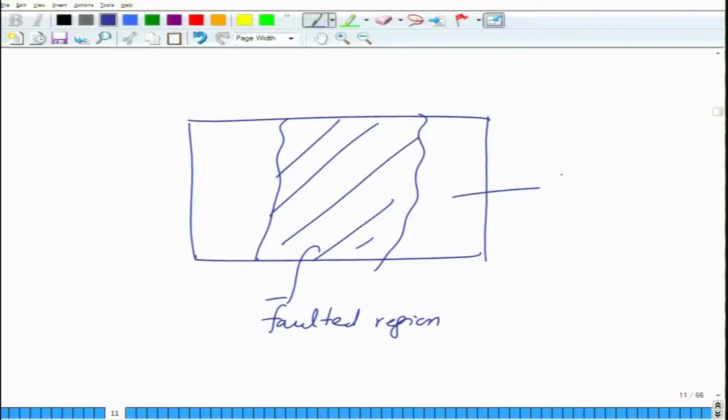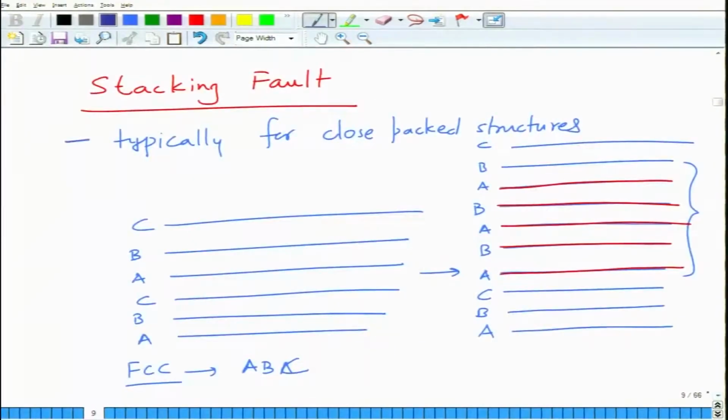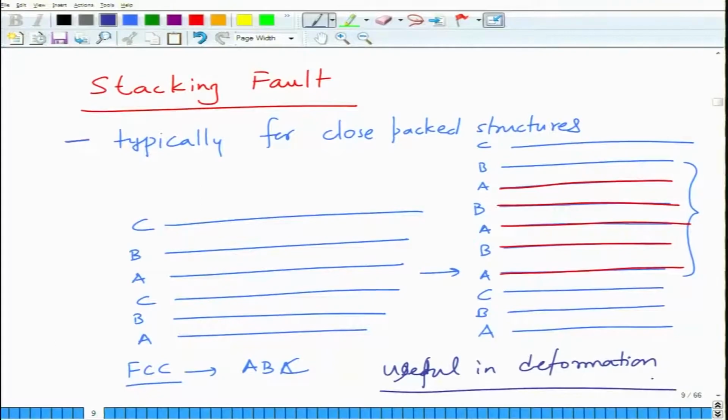This is unfaulted region, and between the two they have these vectors, which are basically partial dislocations which correlate the two regions. So anyway, this is used for plastic deformation, but I just want to tell you that there is something called stacking fault in materials, which is useful in deformation. So basically it is a change in the layering sequence.